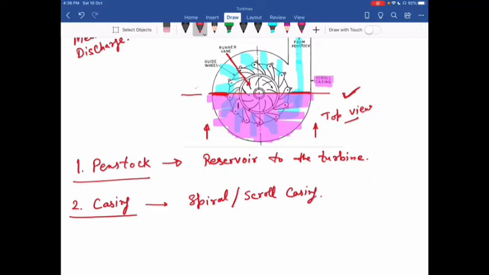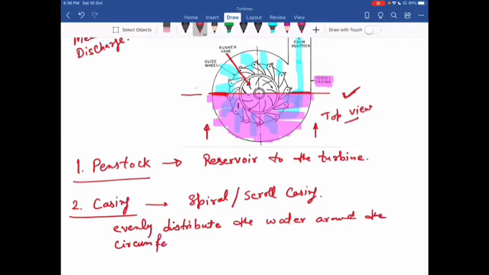This casing is around the turbine runner and evenly distributes the water around the circumference of the runner. Now, how does this evenly distribute the discharge?